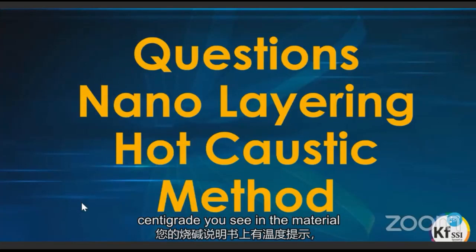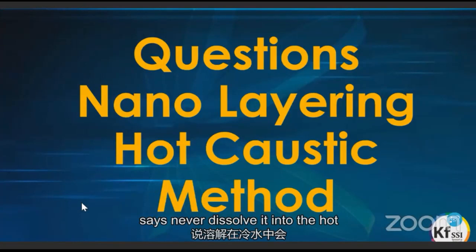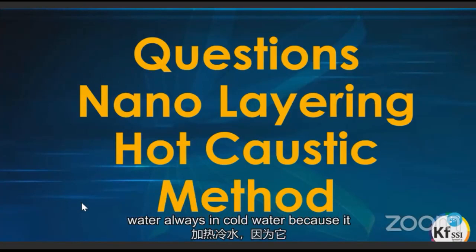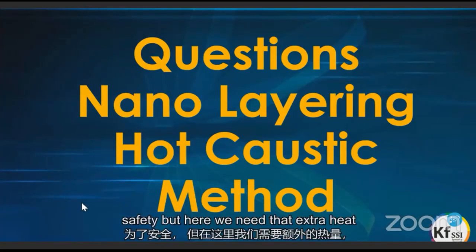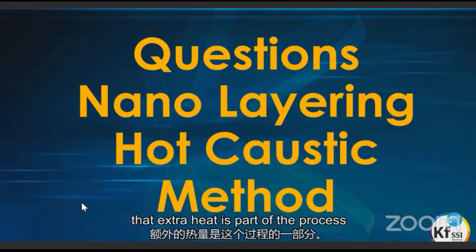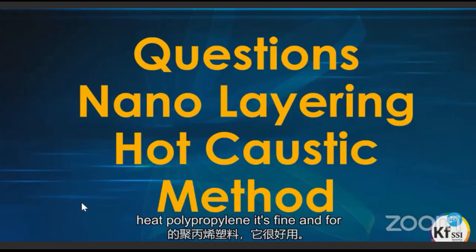You see, in the material safety data sheet for caustic, it always says, never dissolve it into hot water, always in cold water, because it will produce extra heat. So that's for safety. But here, we need that extra heat. That extra heat is part of the process. So you use plastic which withstands that heat. Polypropylene is fine.